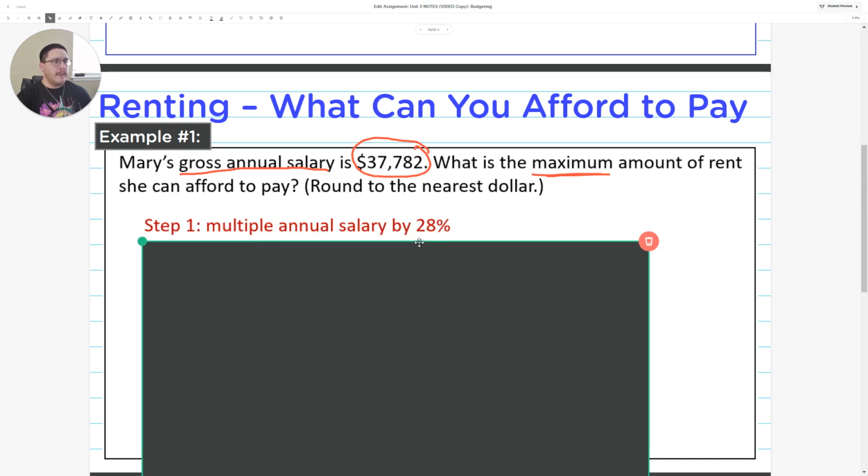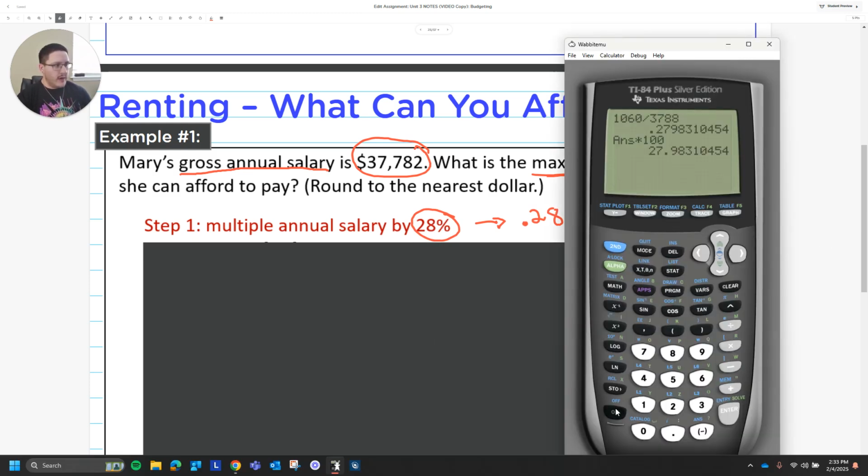So with step 1, for this rule of thumb, we're going to multiply the annual salary by 28%. However, 28% needs to be turned into a decimal. So either move the decimal point to the left twice or divide by 100 and we will get 0.28. You can see on my calculator, 28 divided by 100 is 0.28.